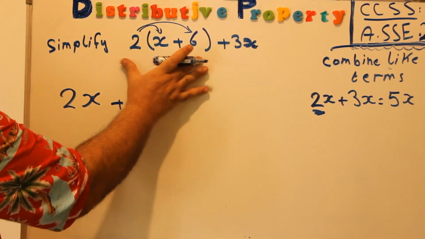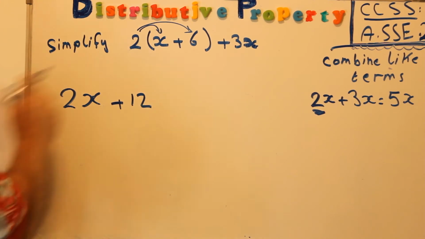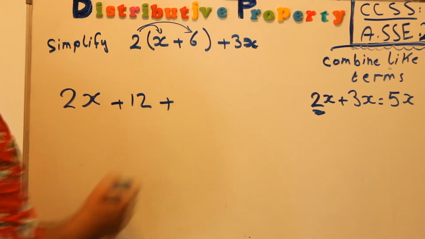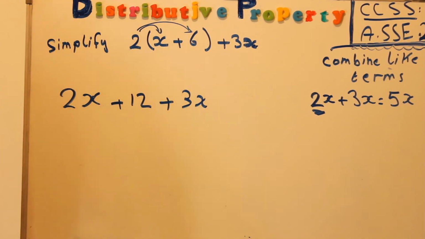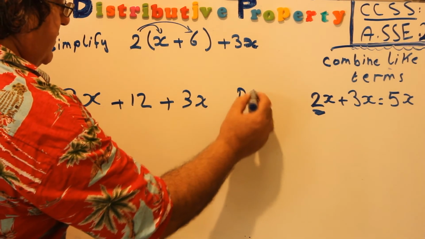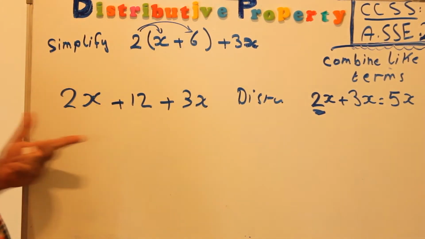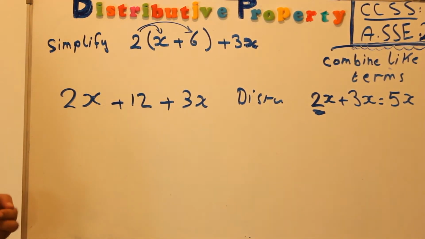Now we get rid of the parentheses, and then we go to the separate term, this is 3x. Now what we did here was the distributive property, right? It made it easy for us to combine the like terms.